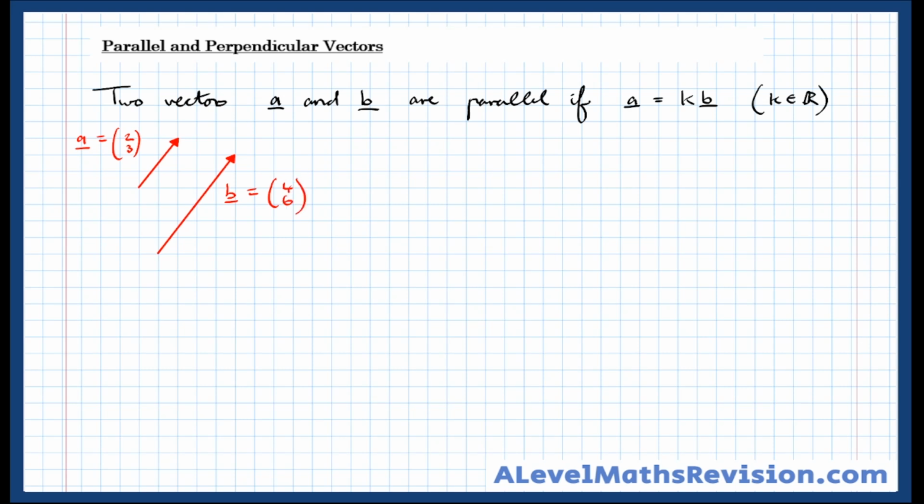Well, we can see that those two are parallel. They get no closer to each other as they go, because one is exactly the same as the other but just doubled. So it goes in the same direction but just for twice the distance. So it's double the length but moving in the same direction, and that's what makes vectors parallel, one being a multiple of the other.